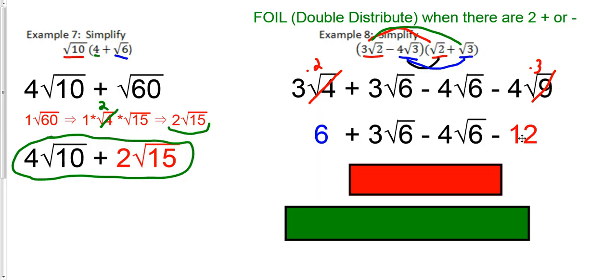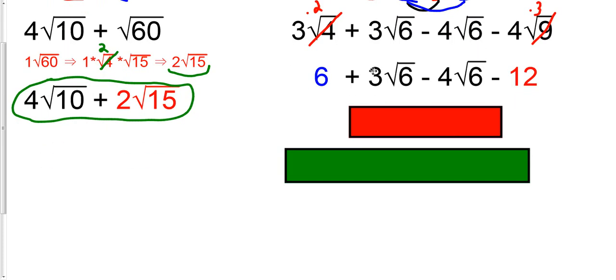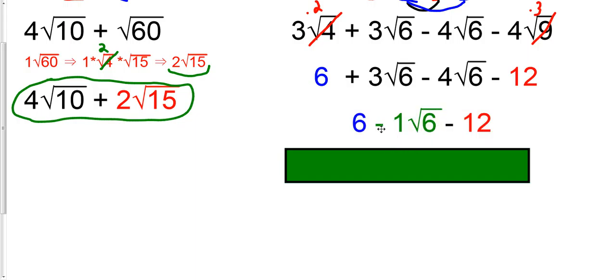Or think of it as minus 12, negative 12. So these two whole number pieces have come out of those two. We simplified it. Now we need to look at these. Notice square root of 6 and square root of 6 in both cases. When we combine them then, we're just looking at the coefficients, positive 3 and negative 4, which means it would combine to negative 1. Positive 3 minus 4 is negative 1.